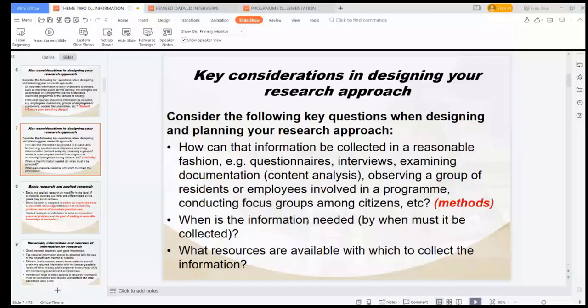And we noted that in a survey, for an example, you might even use mixed methods. Mixed method means that you are using quantitative and qualitative research methods.